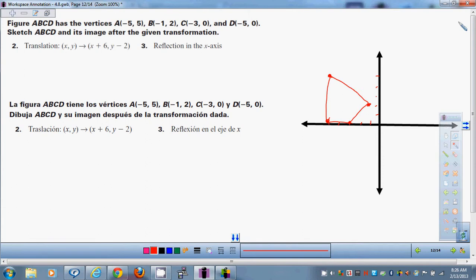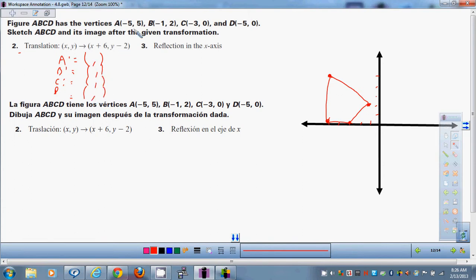Okay. Part 2. What you probably should have done. The easiest way to do this, make your new coordinates. And here's how the book often does it. Your new A, B, C, and D will be A prime, B prime, C prime, and D prime. And that's going to be these coordinates. Now, easiest way to do it is do all the x's at once and all the y's at once. So we're adding 6 to the x values. What's negative 5 plus 6? 1.